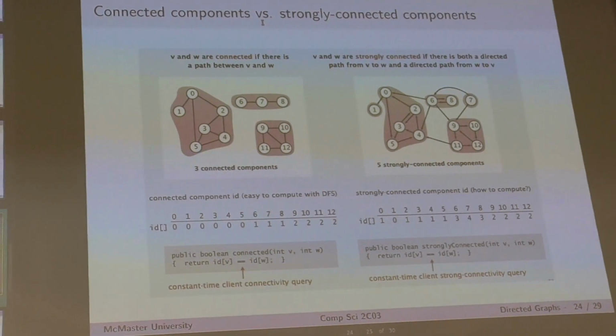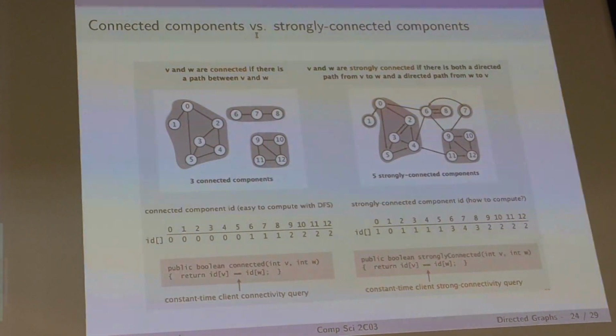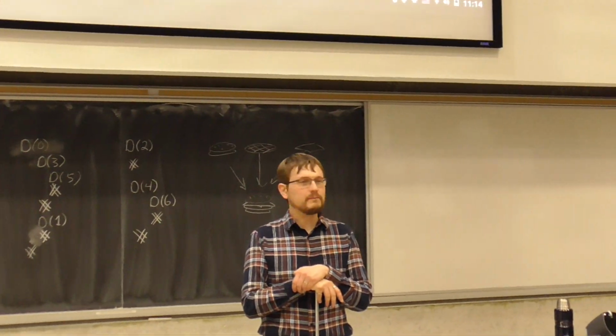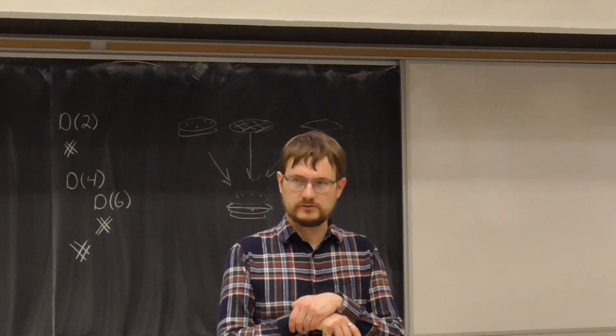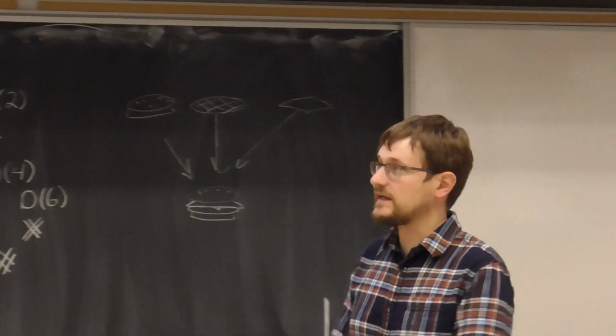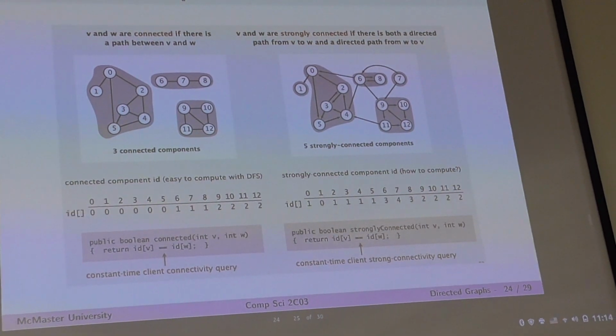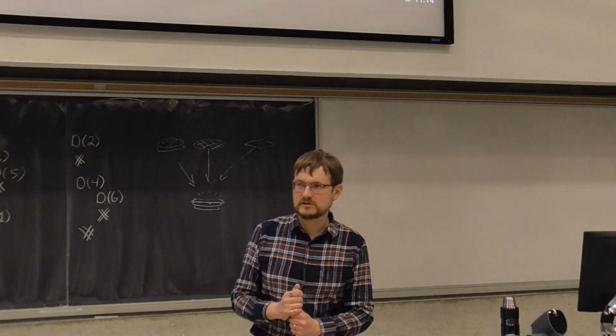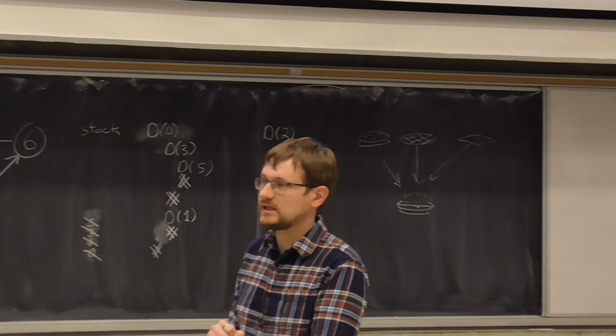Good. So does anybody have any idea how we might write an algorithm to populate this array? How do we find out which vertices are strongly connected to each other?